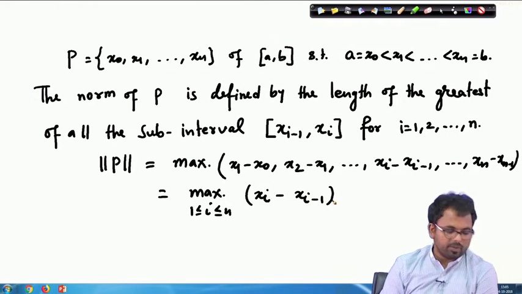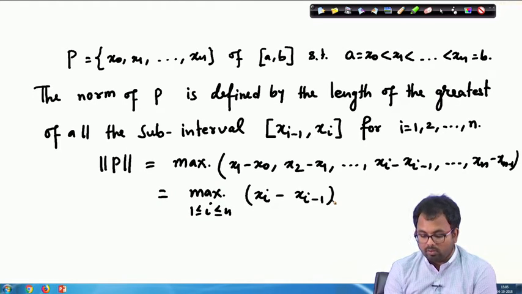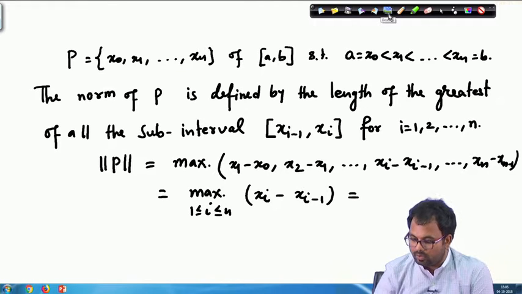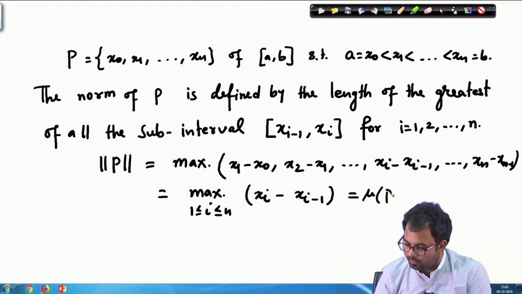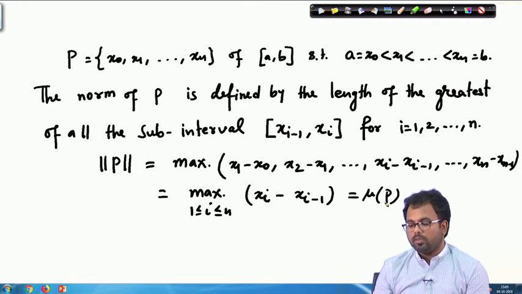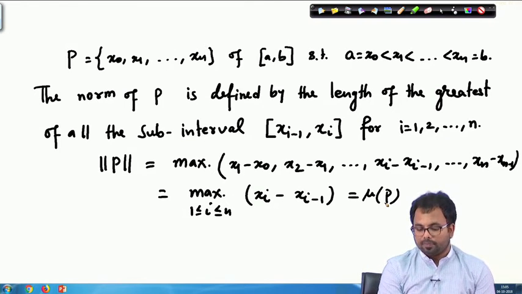So this is the way we define the norm of this partition P. You can also use a notation like mu P, so the norm of the partition P can be denoted by this symbol mu P as well.